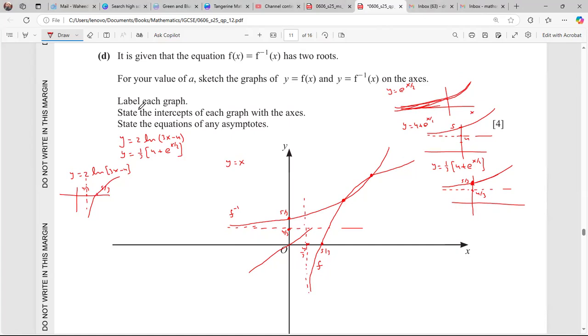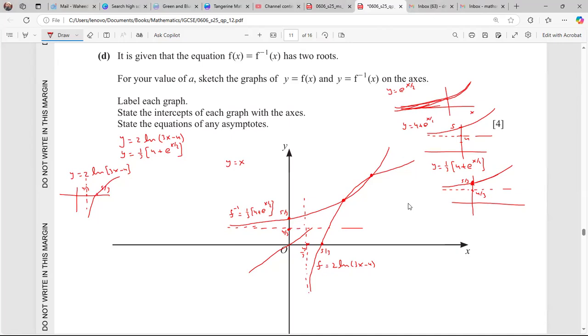Label each graph. So this is f equals 2 log of 3x minus 4, and this is f inverse, which is equal to 1 by 3 times 4 plus e to the power x by 2. Label each graph, state the intercepts of each graph with the axes.